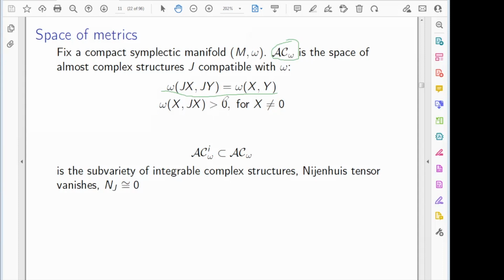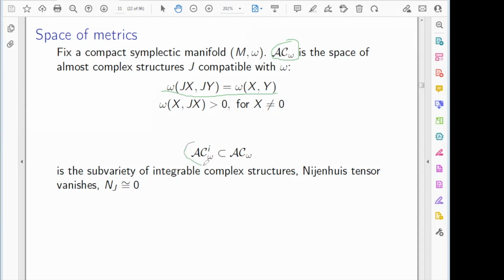Plus you require that the associated metric is positive definite. So if it's compatible, then you have an associated metric, and it requires these two conditions.